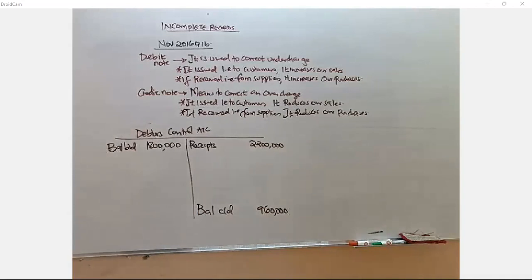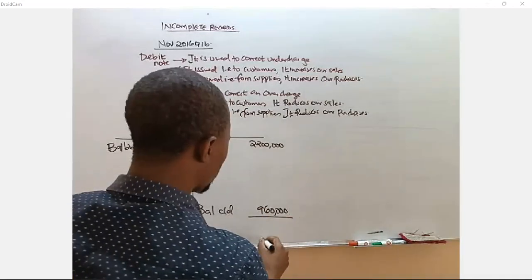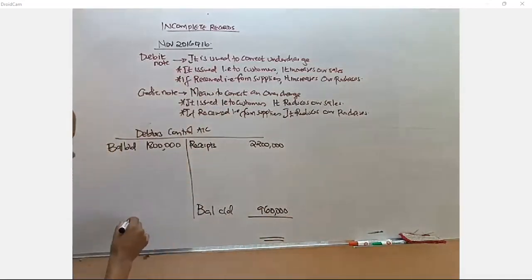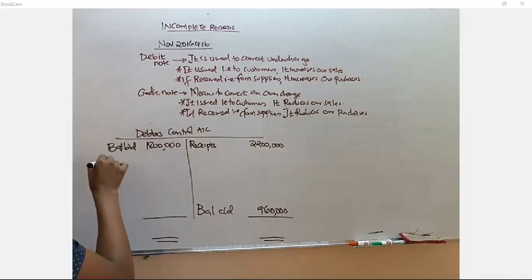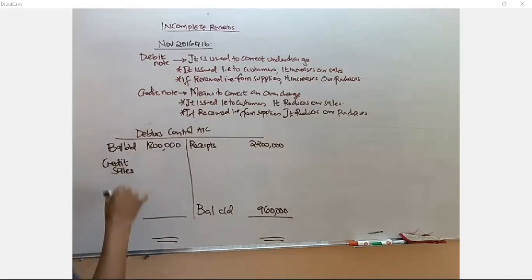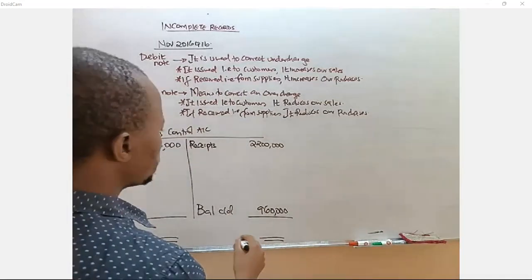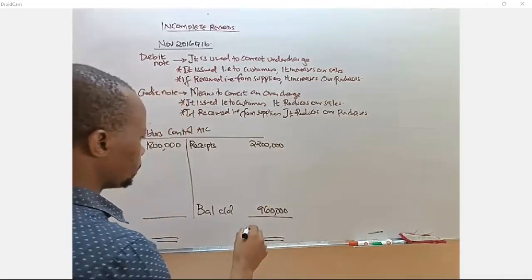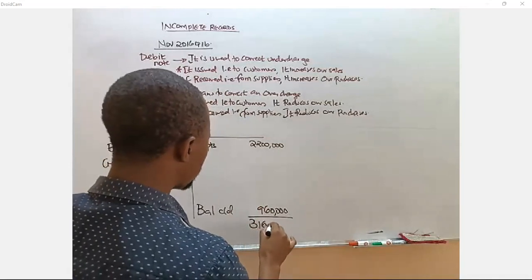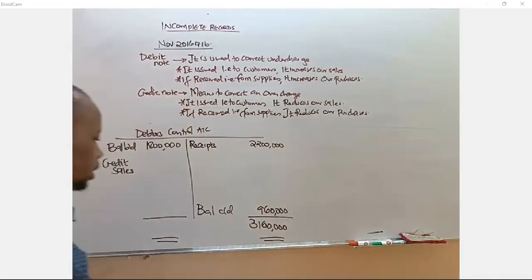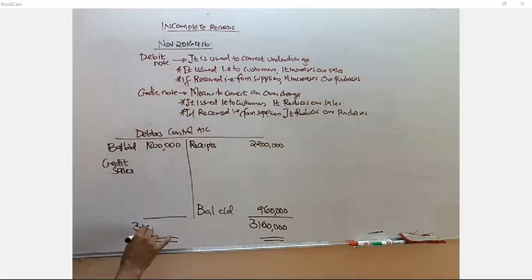So what I am supposed to do is compute the totals so that I can get my credit sales. The total on the credit side should be 3.16 million, and the same on this side.